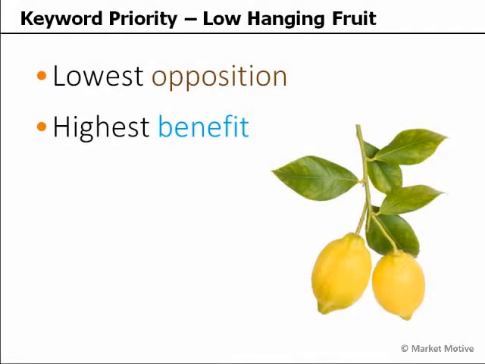When we create our spreadsheet, we know that the ultimate outcome is to find and establish the so-called low-hanging fruit in our keyword and SEO strategy. The low-hanging fruit are those keyword phrases with low opposition and high benefit. And both of these terms are relative. Low opposition could mean 30, 40, 50, 70% keyword difficulty depending on how well established your site is, the metrics associated with your site.